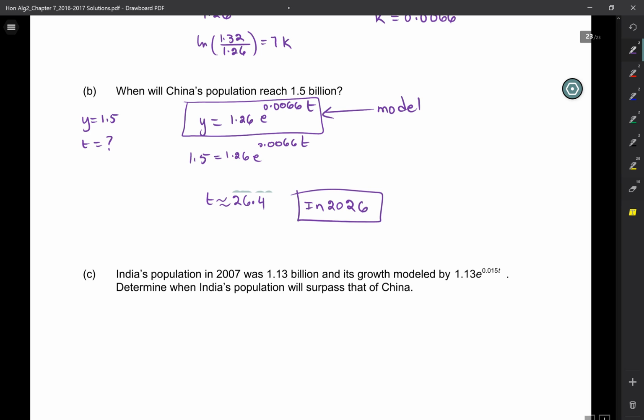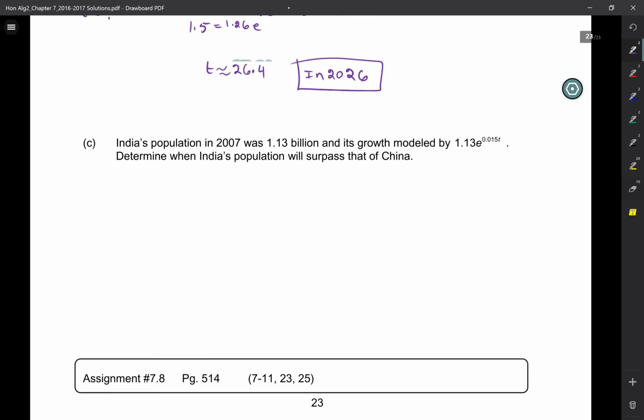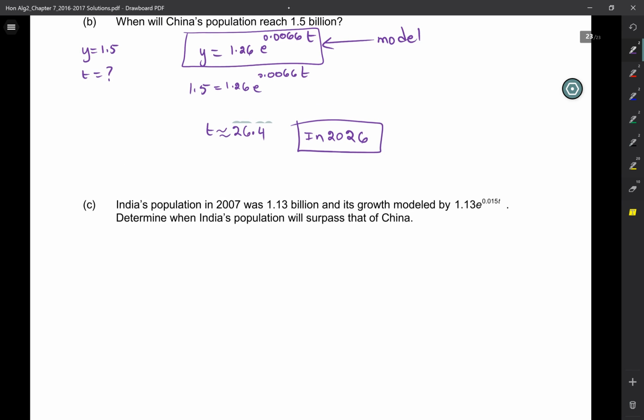Now, India's population in 2007 was 1.13 billion, and its growth is modeled by this. Determine when India's population will surpass that of China. So this is the one for India: 1.13 e to the 0.015 t.